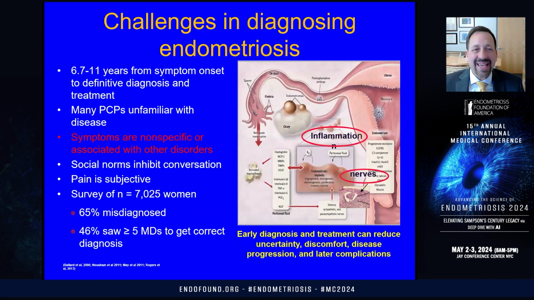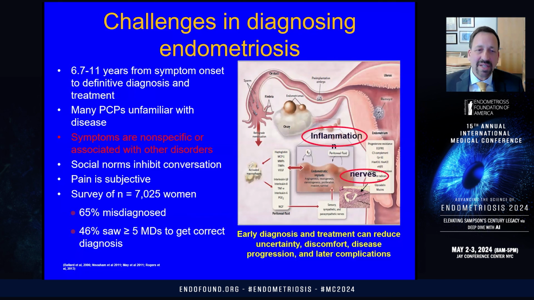We know it takes 7 to 12 years from the onset of symptoms till we typically make the diagnosis. Many primary care doctors aren't familiar with the disease, but these symptoms that are beyond the pelvis are nonspecific, associated with all sorts of other disorders, so really can make it confusing. I think this is one of the major barriers.